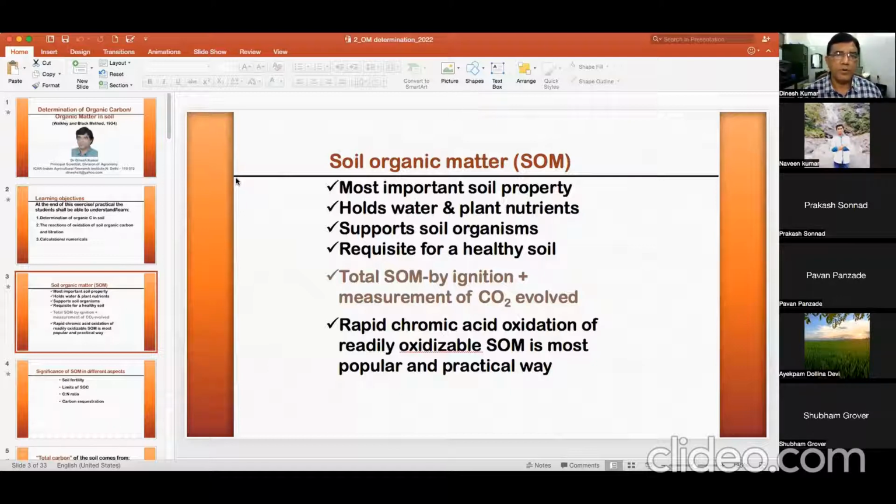However, it cannot oxidize all organic matter present. It cannot oxidize the inorganic carbon. It cannot oxidize the stable carbon, which is in elemental carbon form. So it recovers only 77% of the organic carbon present.